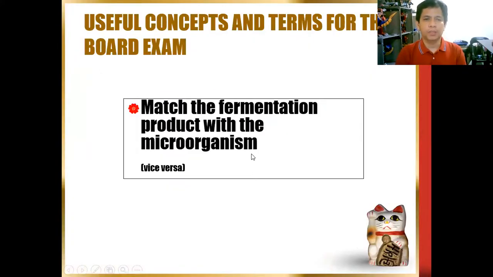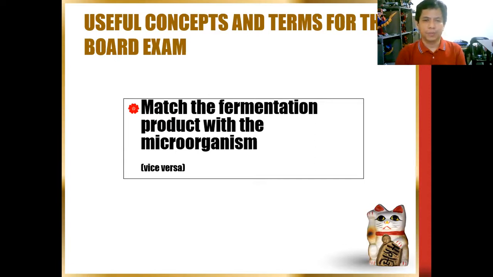Okay, so these are the useful concepts and terms for the board exam. You need to match the fermentation product with the microorganism. Halimbawa, ethanol, ang fermentation product. Anong microorganism na nagpo-produce ng ethanol? Saccharomyces cerevisiae. Cellulase, ang product. Anong microorganism na nagpo-produce ng cellulase? Trichoderma reesei.